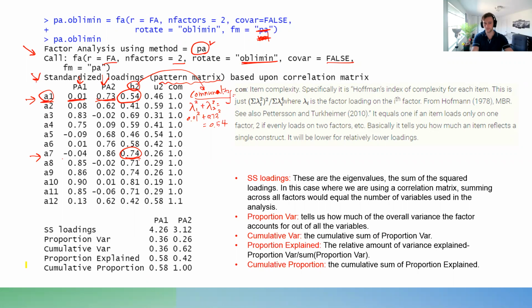So this is basically the standardized loading. The loading is basically the regression coefficient in the regression model, right? The factor analysis equation is the same as the regression equation. When you interpret your regression coefficient, you interpret it as the relationship between the variable and the dependent variable after controlling for other variables, right?